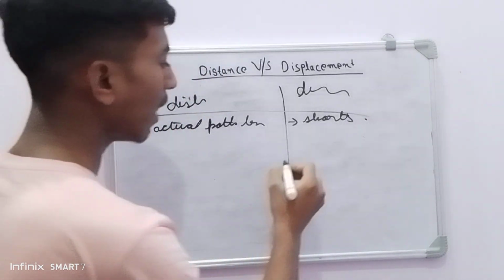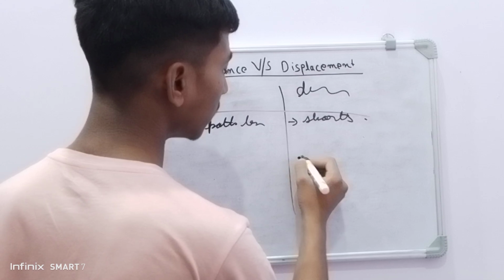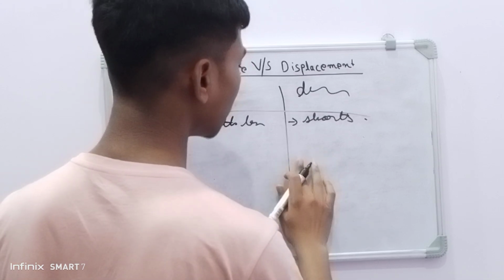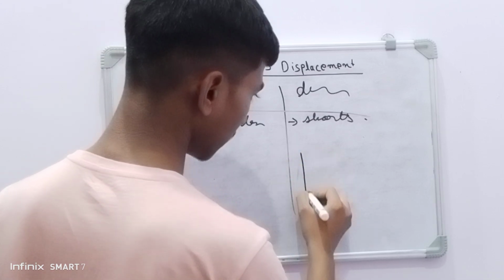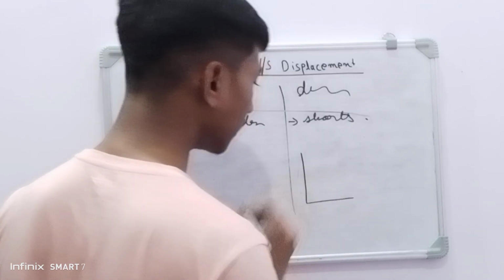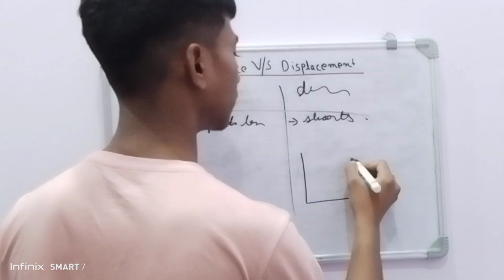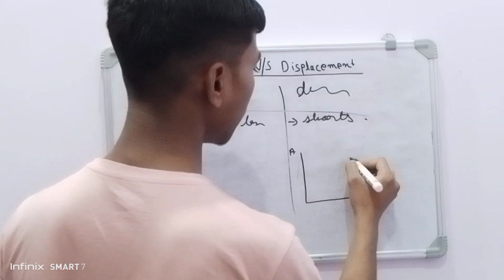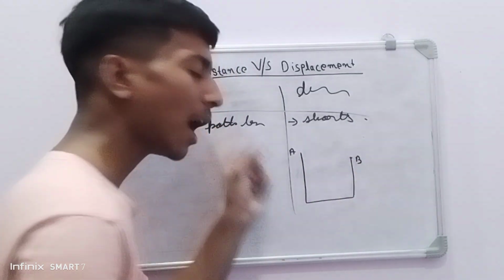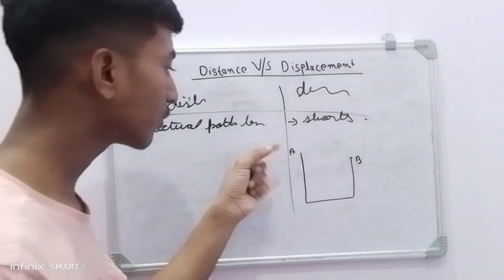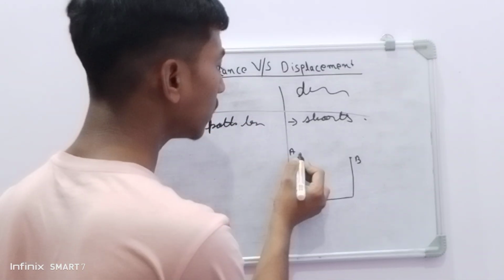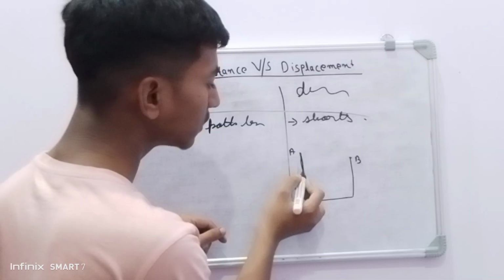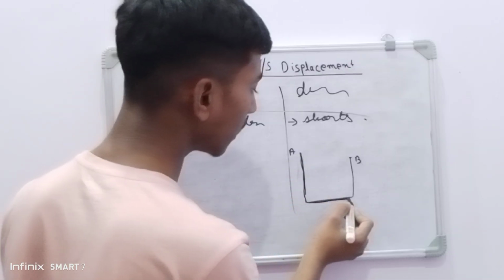So how can you understand this? Let's make a triangle here. This is point A and this is point B. If I have to travel from point A to point B, then we cover this distance as we go from here and here.